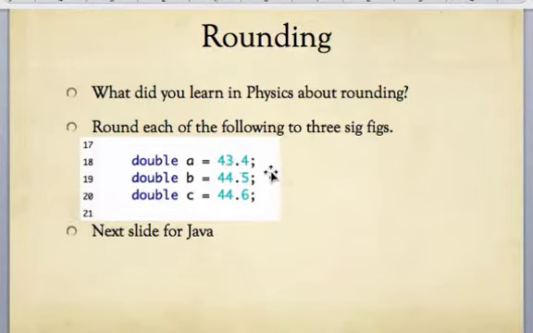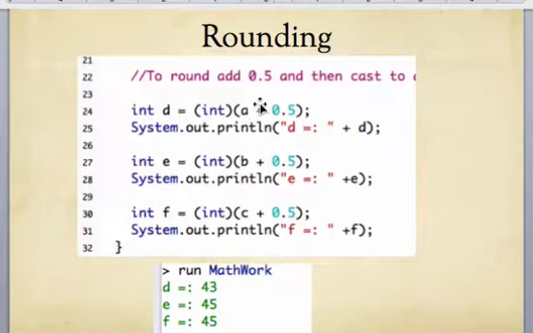We've got three numbers. We have 43.4, 44.5, and 44.6. So how does one round in Java? Let's look at the next slide. What we're going to do is add 0.5 and then cast to an int. So we're going to be rounding to two significant figures in this case.